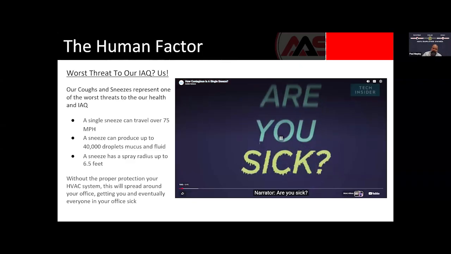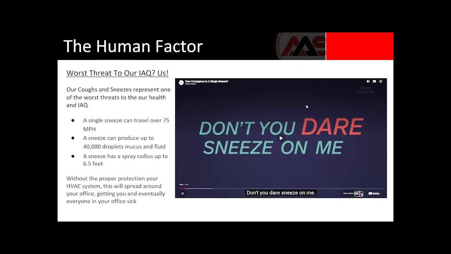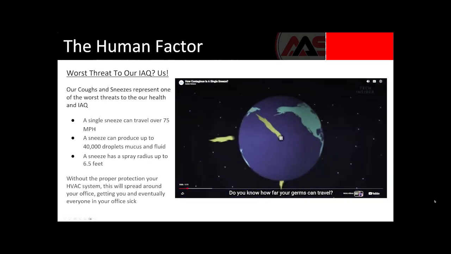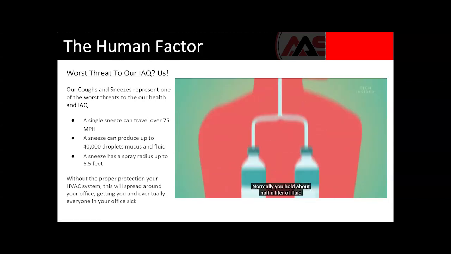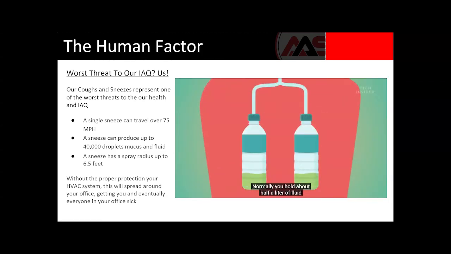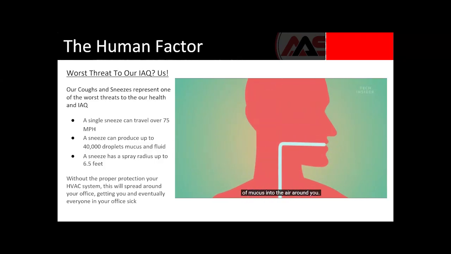Are you sick? Don't you dare sneeze on me. Do you know how far your germs can travel? Normally you hold about half a liter of fluid in your lungs. So when you sneeze, you're able to spray as much as a water bottle's worth of mucus into the air around you.